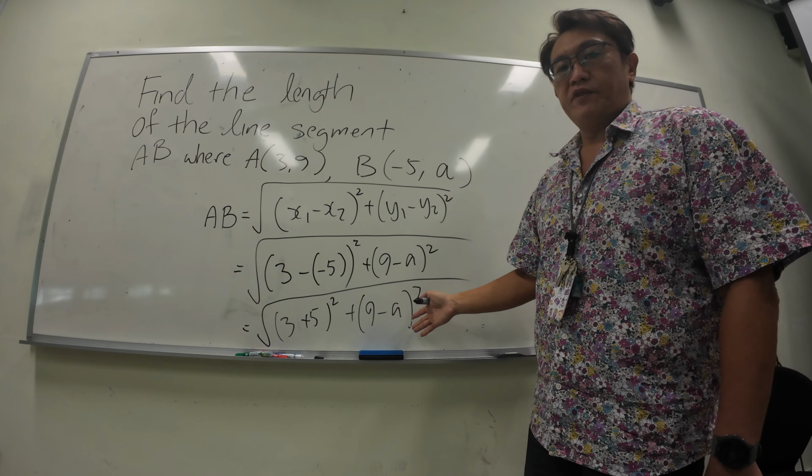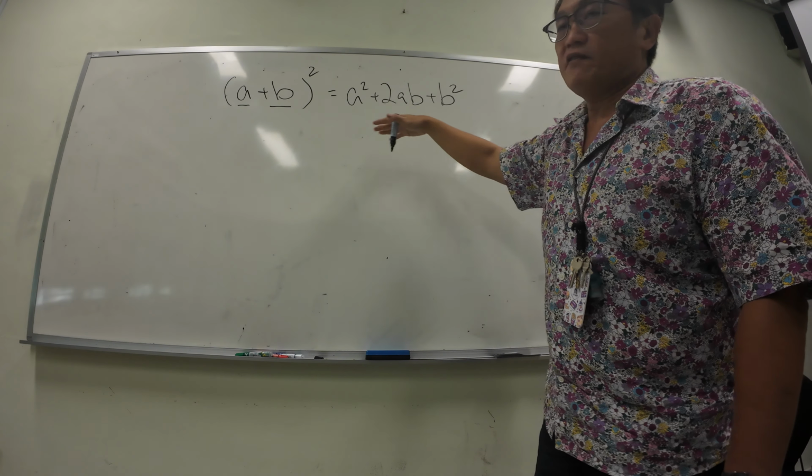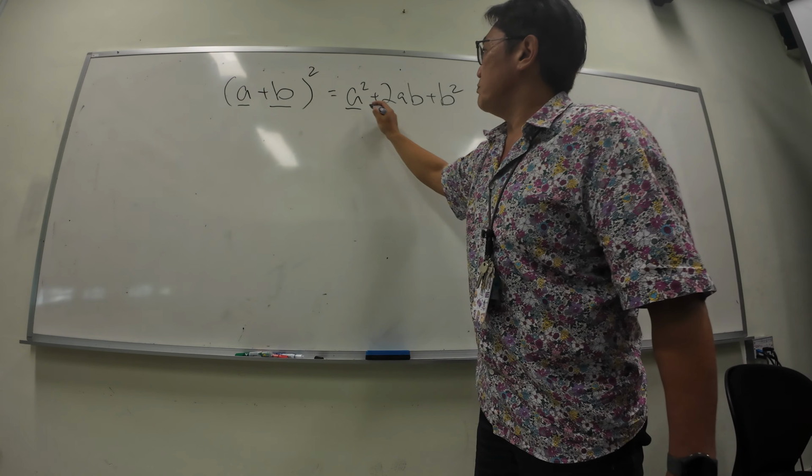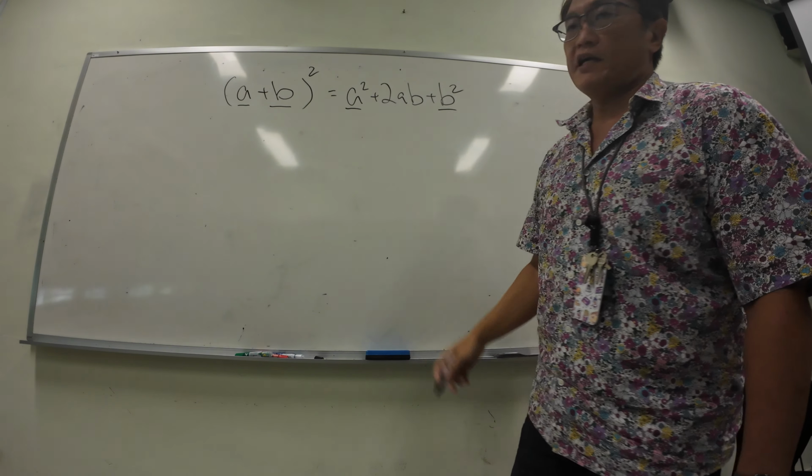Inside the bracket there are two terms. One is in front, one is at the back. After the expansion, the front is squared, the back is squared, and the front multiplied by the back is multiplied by another 2. That is how I remember the identity. But even if you don't remember the identity, we can always go through the multiplication itself.